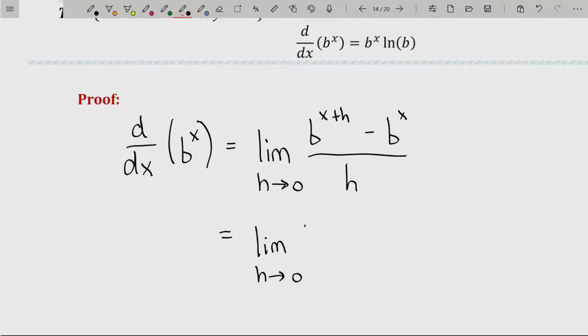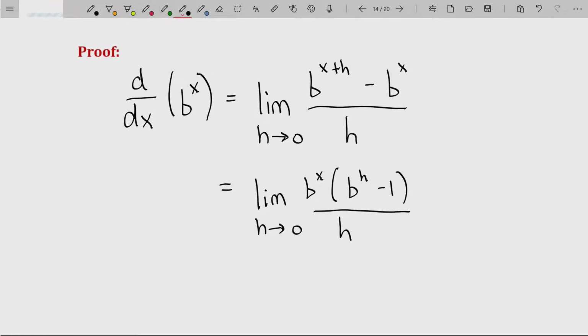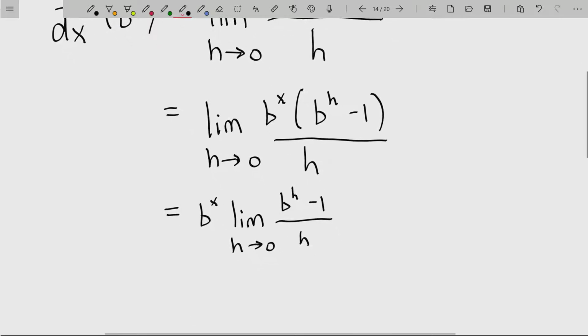We can factor a b to the x off of both these terms. So it'd be b to the h minus 1 all over h. And of course that x does not rely upon h, so I'll scoot it outside. So this is b to the x times the limit as h approaches 0 of b to the h minus 1 over h. That's not too terrible.